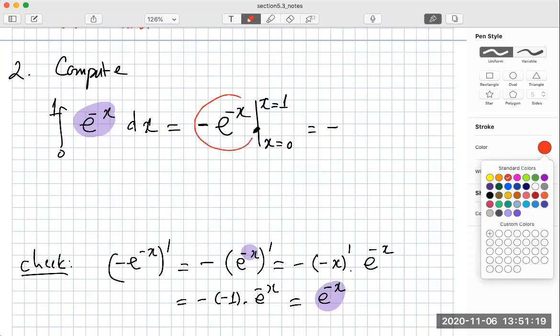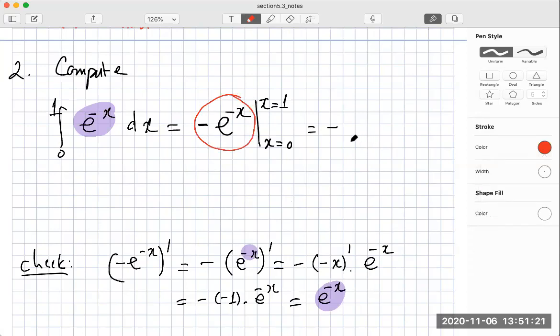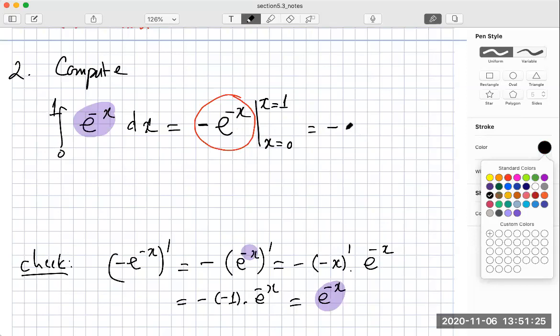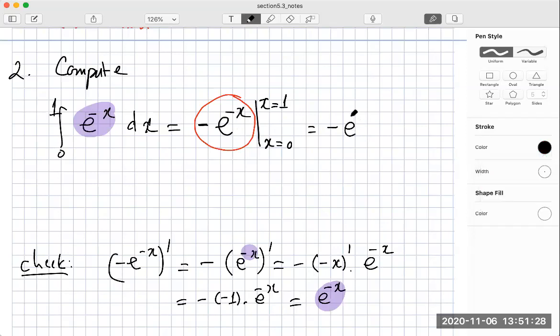We evaluate when x is equal to 1, it will be negative e to the negative 1, right? Subtract the evaluation when x is equal to 0, negative of negative e to the negative 0.